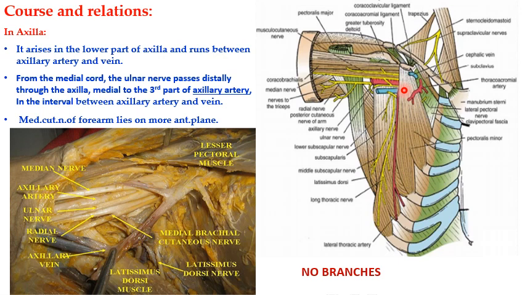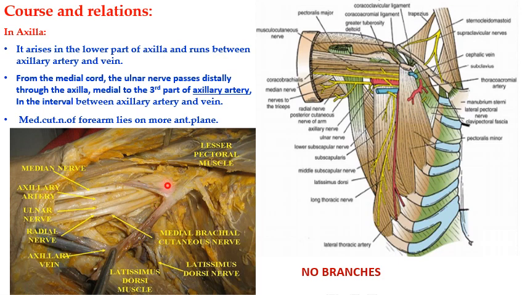In the axilla, the ulnar nerve, as it descends between the axillary artery and the axillary vein, lies in a little more posterior plane to the medial cutaneous nerve of forearm. So this is the picture of the cadaver.